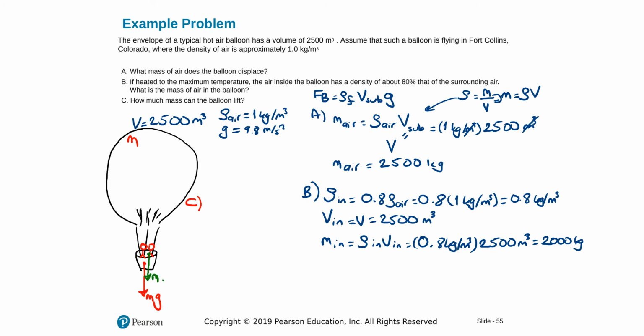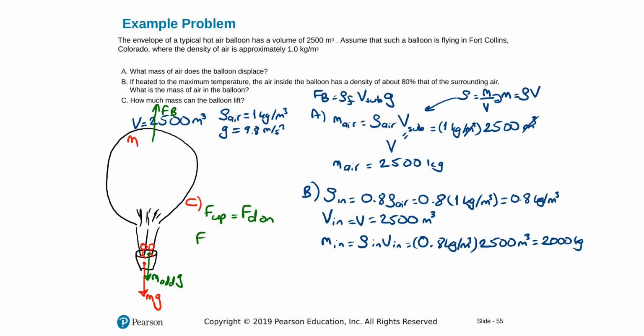So we'll have down m added times g, and what we will have lifting up the balloon will be the F buoyancy, right? If it's able to lift this mass, we'll just use equilibrium. Up forces equal down forces. So this buoyancy will be able to lift up all the mass.